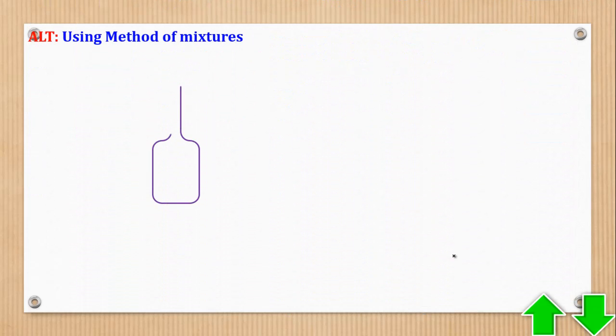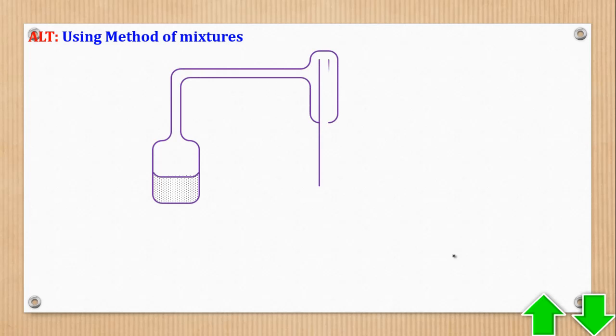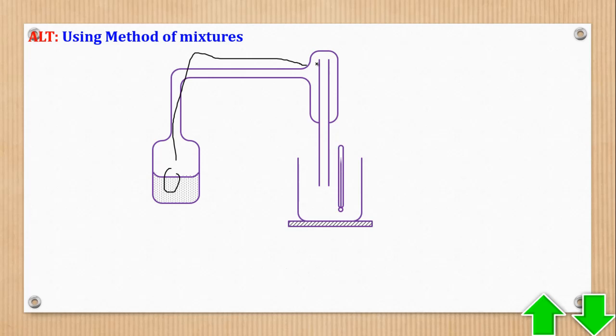So let's look at the method of mixtures. There you also need a diagram. So it has to be heated from this side and goes here, the vapor comes here and it reaches this side.